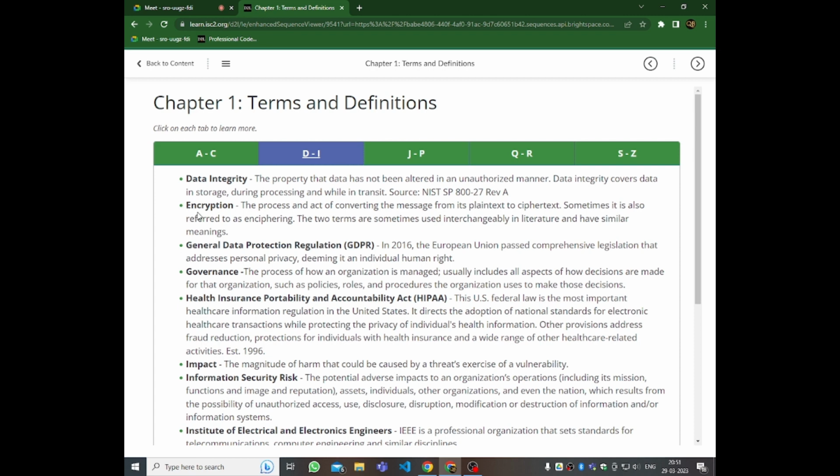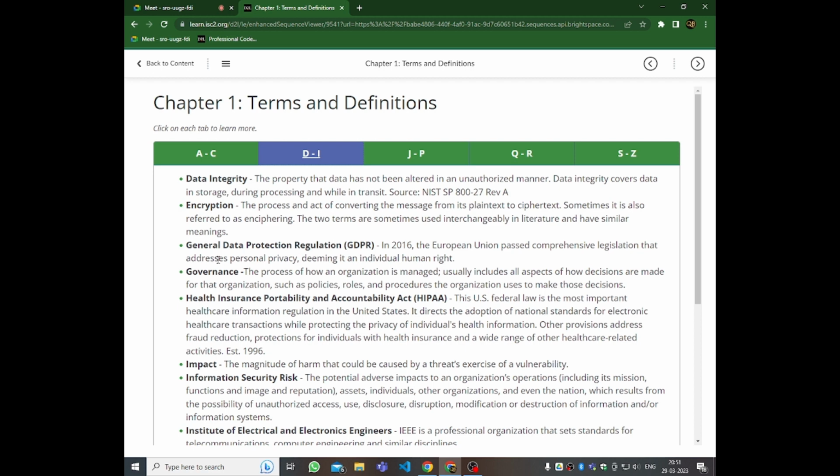And the next one is encryption: the process of converting the message from its plain text or clear text. Sometimes it is also referred to as encrypting; the two terms are sometimes used interchangeably in literature and have similar meaning.